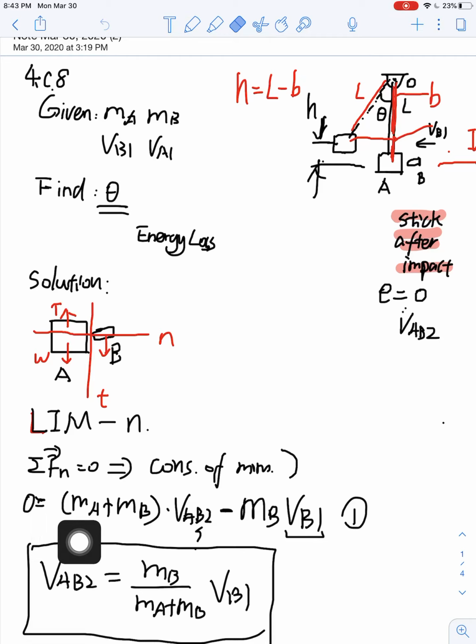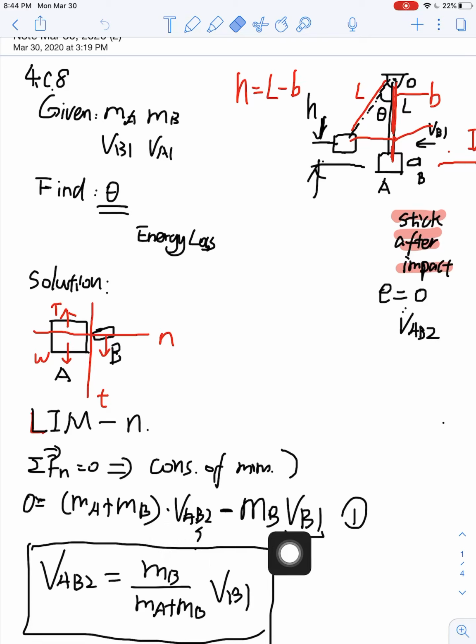On the right hand side of the equation, we have the masses of A and B times VAB2, that's the speed they're moving after impact, minus MB times VB1. Let's call this equation 1.